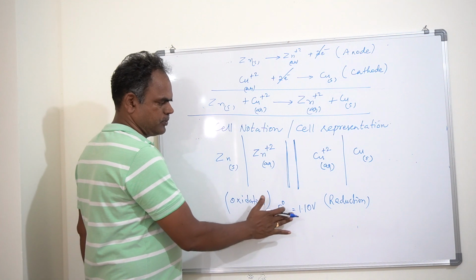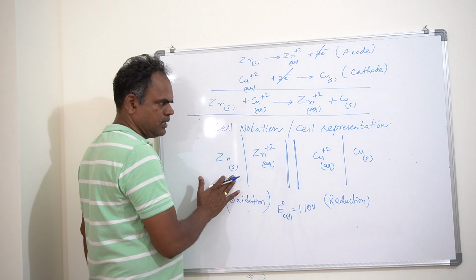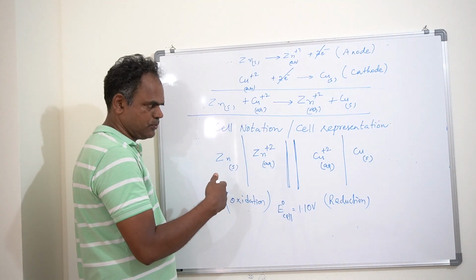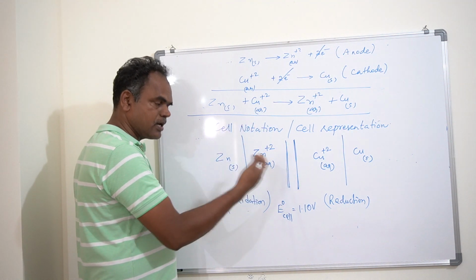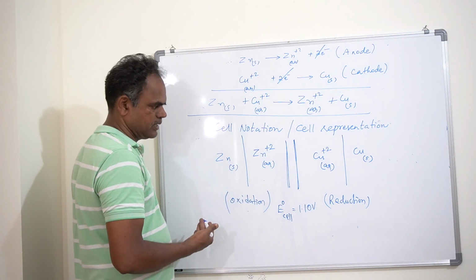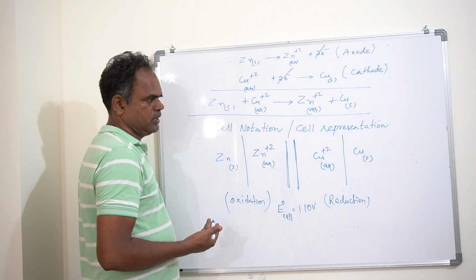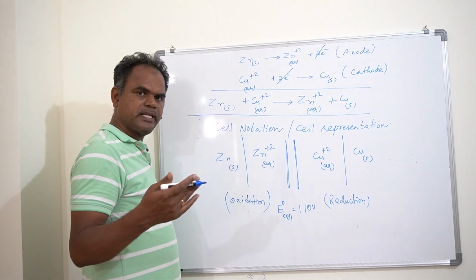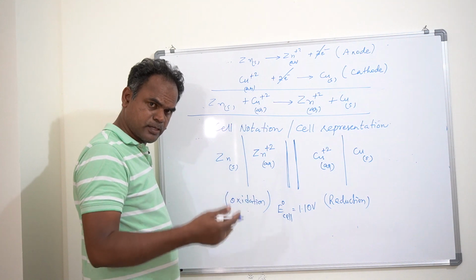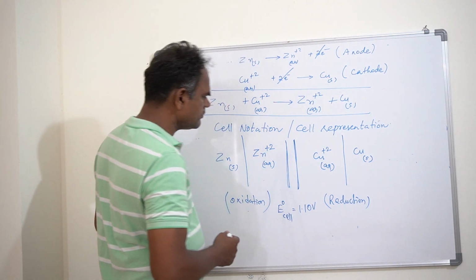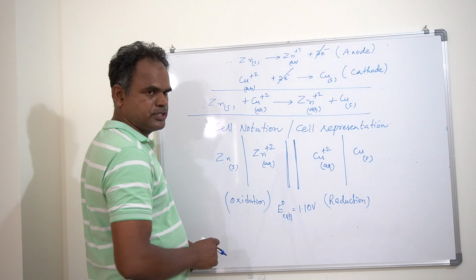So how is this cell potential positive? If you want to know whether this cell potential is positive or negative, whether the cell works or not, whether the cell functions or not, then we have to calculate the standard cell potential. So I am writing the formula of cell potential.